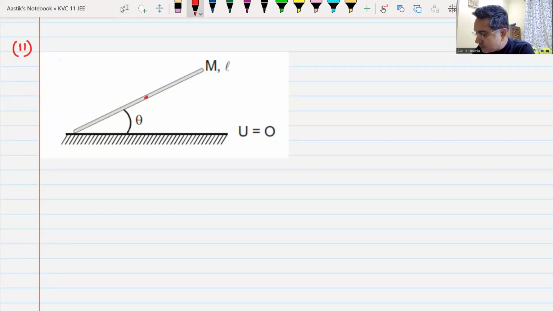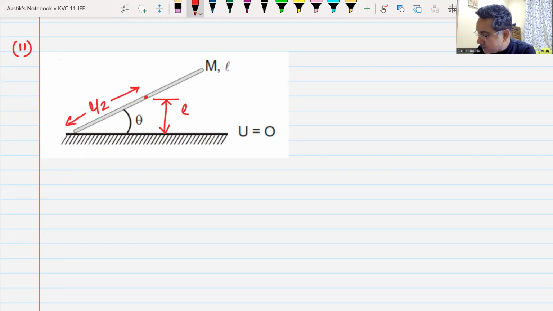Again, you will have to find the center of this rod, and find out how high the center of the rod is. How high will the center of the rod be? This distance is L by 2. How much will be the vertical distance? Can anyone tell me? No one knows it?